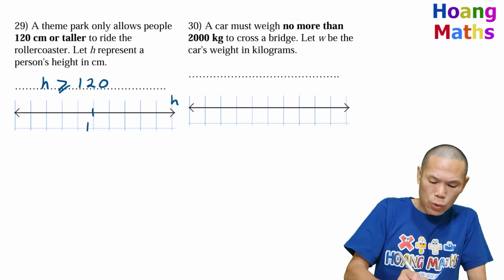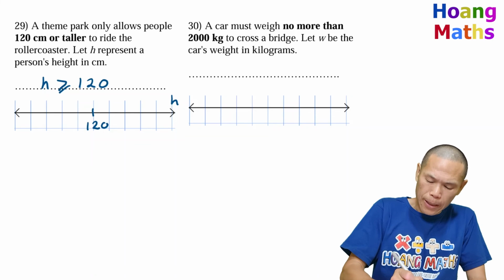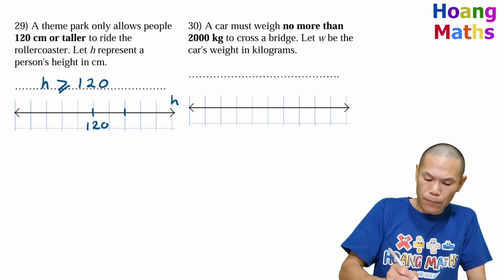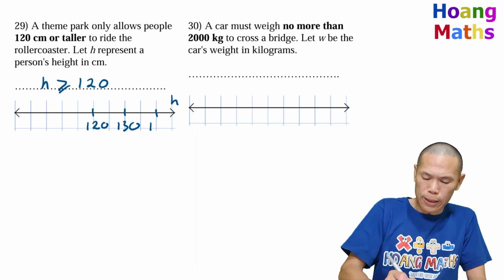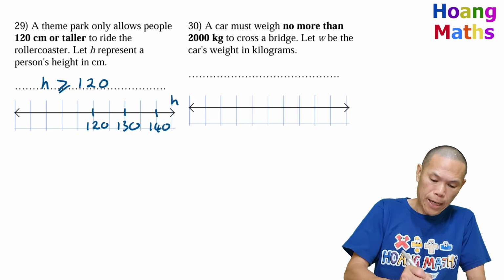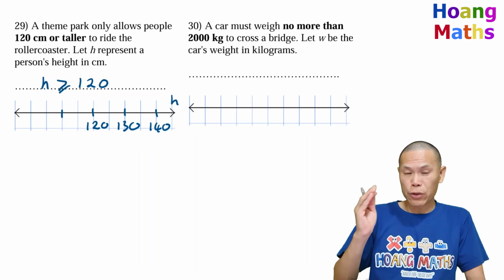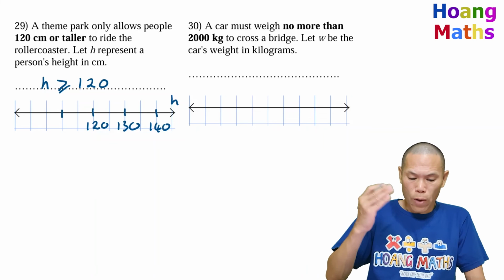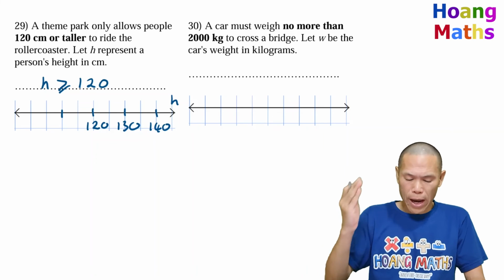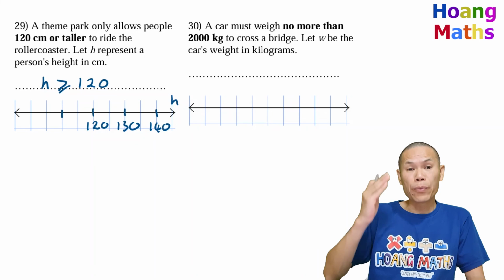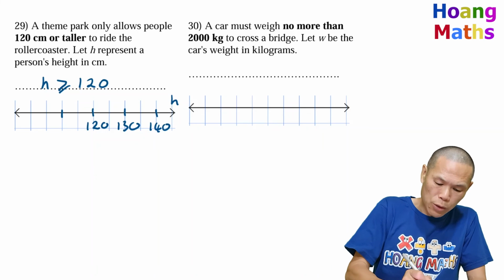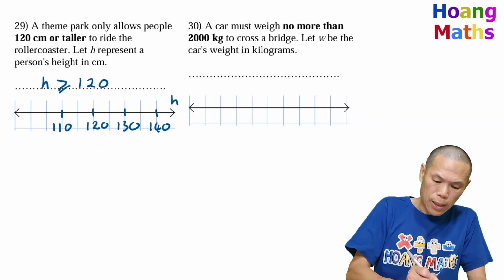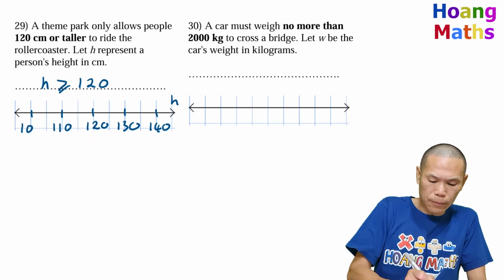So we start 120 here, and this one here 130, and this is 140. Easier for me. Of course, you can write however you like, as long as greater than 120 is on the right hand side and less than 120 on the left hand side. So that should be 110, and this is 100.